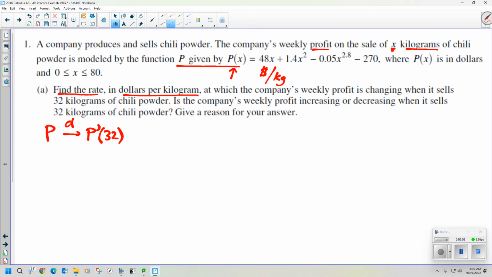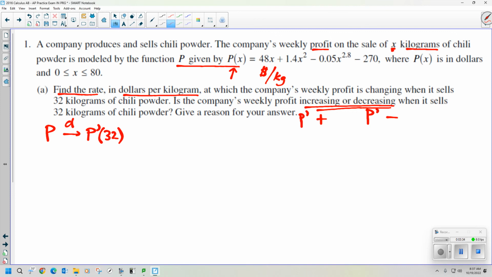So let's solve that, and then afterward, it says, is the company's weekly profit increasing or decreasing when it sells 32 kilograms of chili powder? Give your reason. Increasing and decreasing, that's like slope, right? I would have a positive first derivative if it's increasing, and I would have a negative first derivative if it's decreasing.